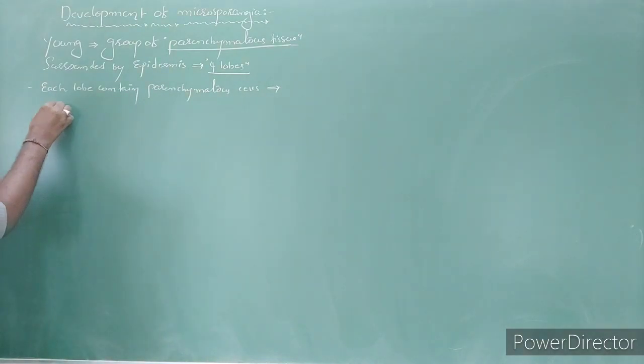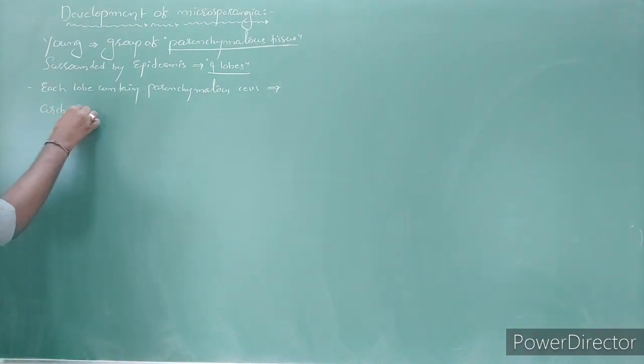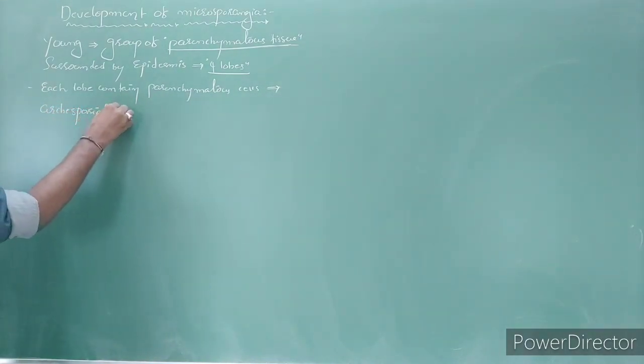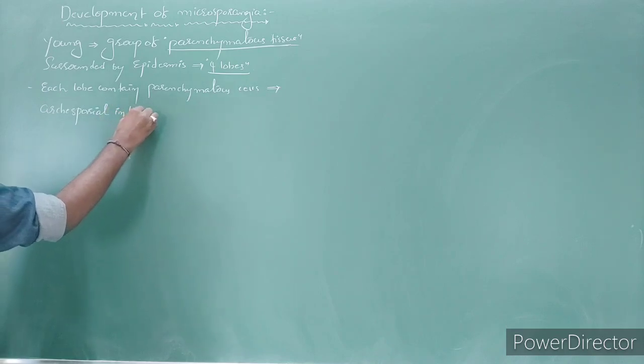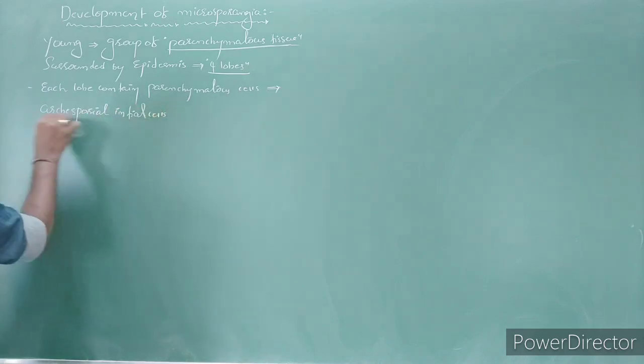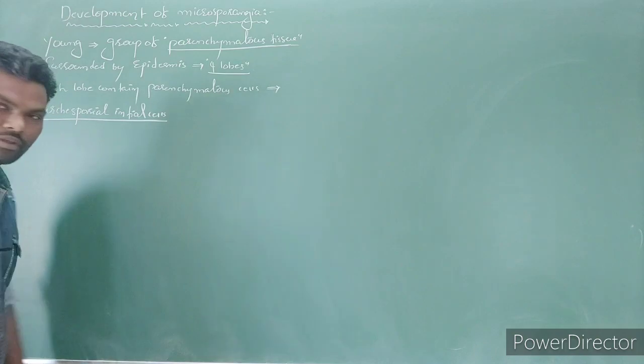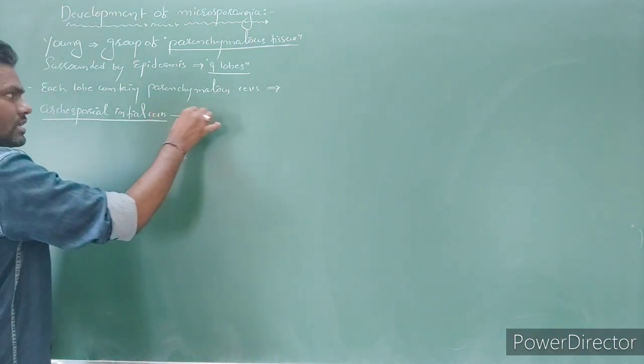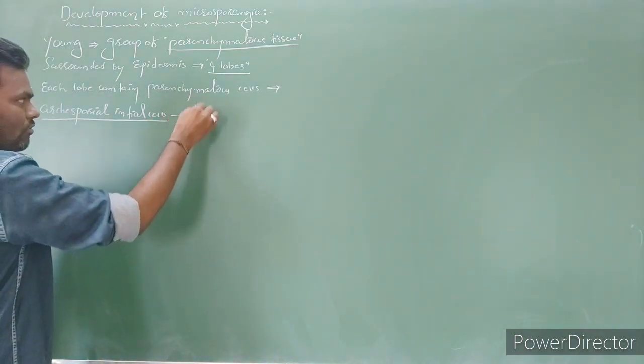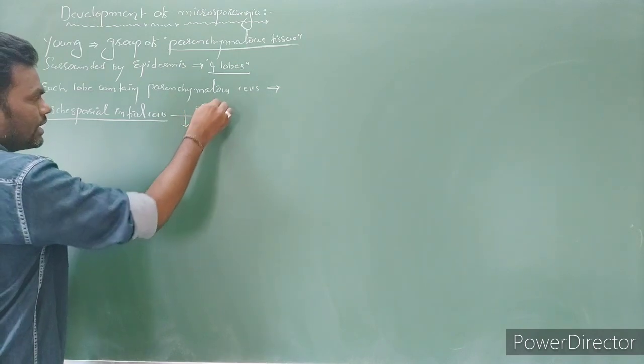Archisporial initial cells are formed. These archisporial cells again divide to form an outer layer as well as an inner layer.